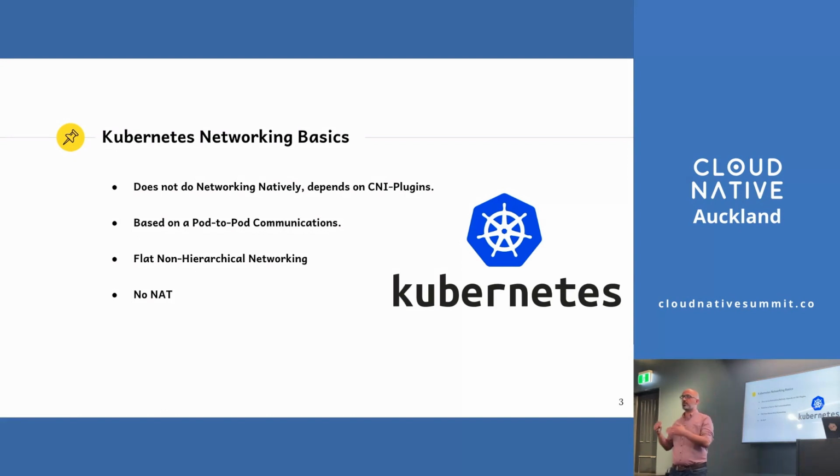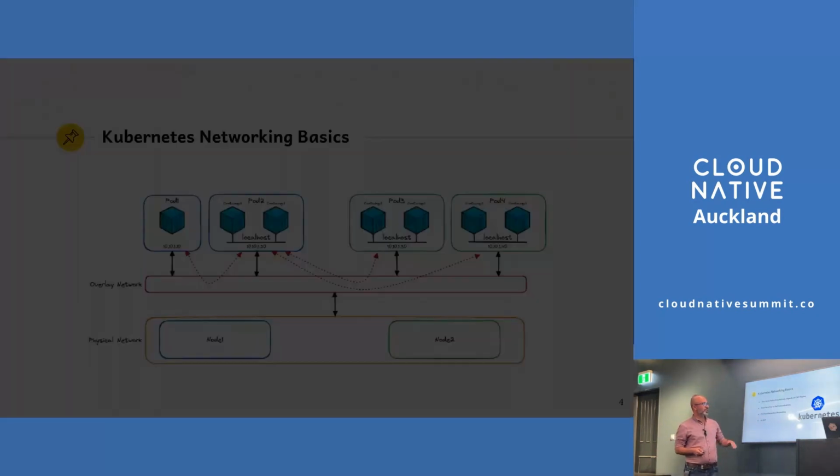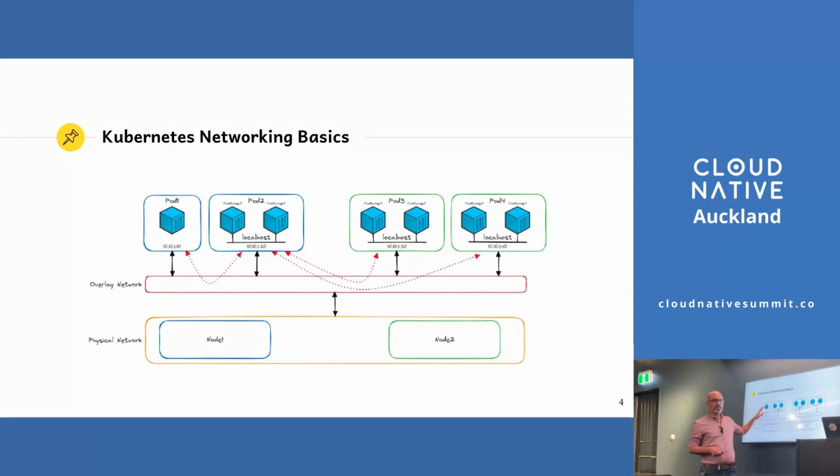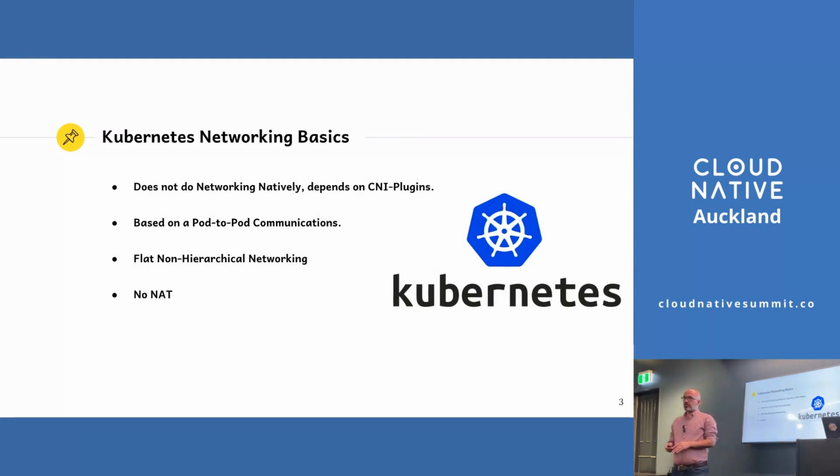It's the responsibility of the cloud and the platform provider, whether it's Azure, AWS, or Google, to provide you with the underlying networking. So that's outside of the concern of any CNI. And then there is the concept of a flat or non-hierarchical network. In a second, I'll show you this diagram to explain more about what I just said to drive the point home. But I'm just trying to give you an idea of what the networking model within Kubernetes is.